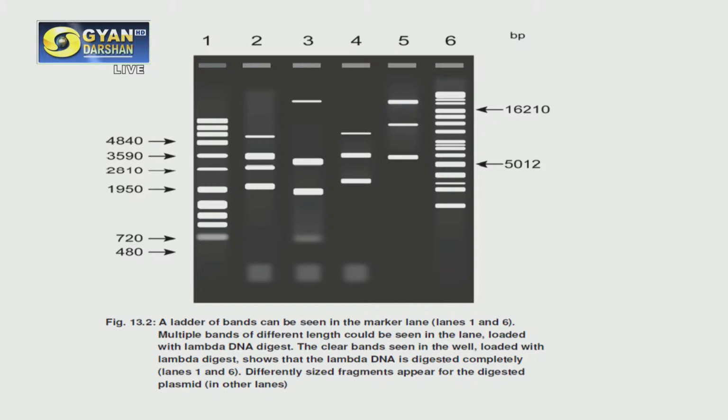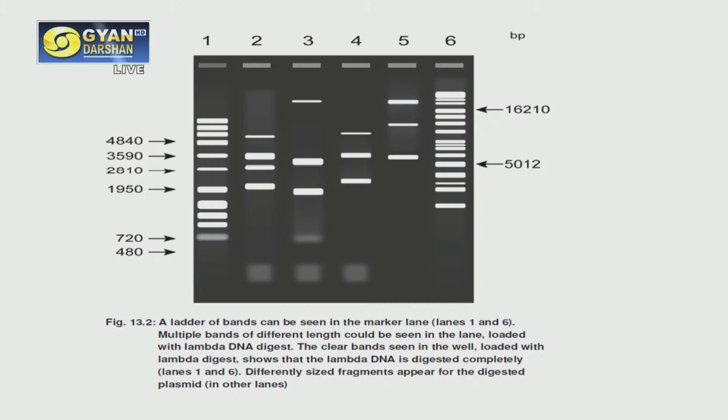And how will you check whether your desired fragment has been released? If you want to release a fragment by cutting a plasmid DNA or any DNA, and you want to check whether the appropriate size fragment has been released, then you have to use a marker. As you can see in lane number 1 and lane number 6, these are the molecular weight markers.